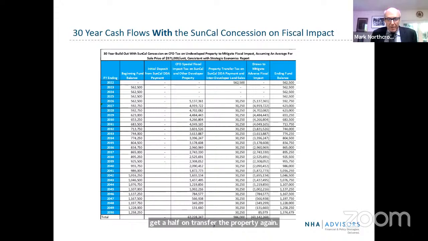I do want to give the condition. This is from a technician's perspective, not the community's perspective or our electeds' perspective. The technical risk here is that, as one of the members of the public noted, this is owned by a subsidiary of SunCal. And if they go delinquent on their taxes, let's say we do have the negative fiscal impact, we levy the $5 million tax on their raw land.